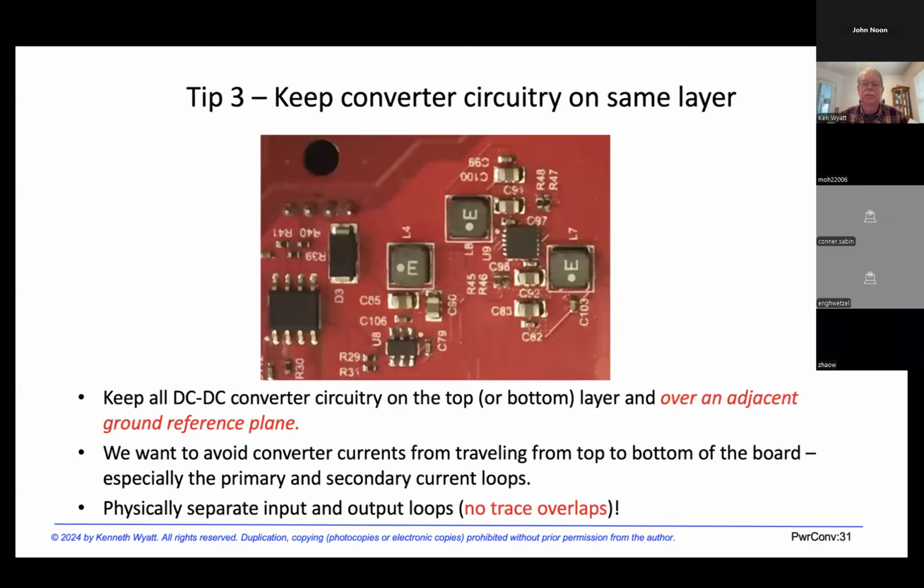Now, tip 3, we want to keep everything on the same layer. It doesn't matter if it's the top or bottom, but if you have a bunch of sensitive analog circuitry, or wireless or RF circuitry, you might think about putting all the power conversion on the bottom side. But we do want to keep it all on the same layer and grouped together, as I mentioned earlier.